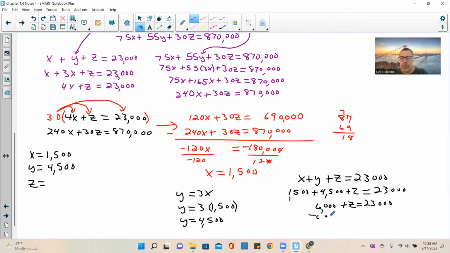Subtract 6,000 from both sides, and I'm going to get z equals 17,000.